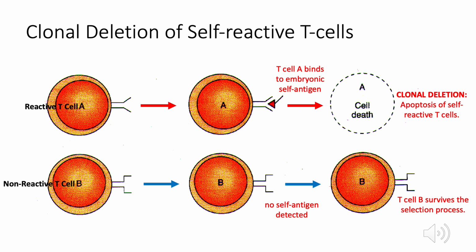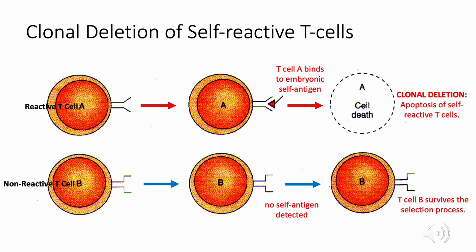Medullary thymic epithelial cells display a vast collection of self-proteins to guide this deletion process. Clonal deletion prevents B and T lymphocytes from reacting against own cells. Thus, it helps protect individuals against autoimmunity.